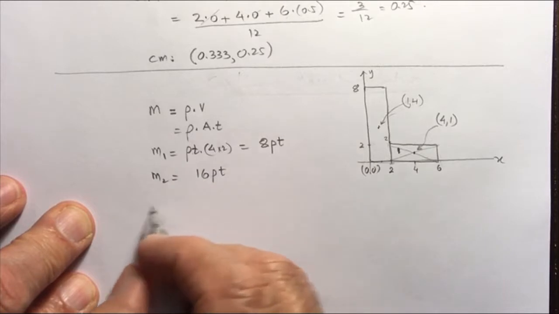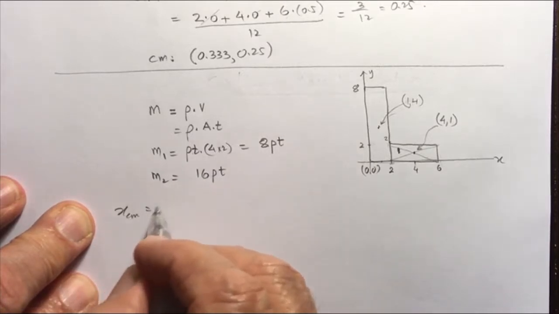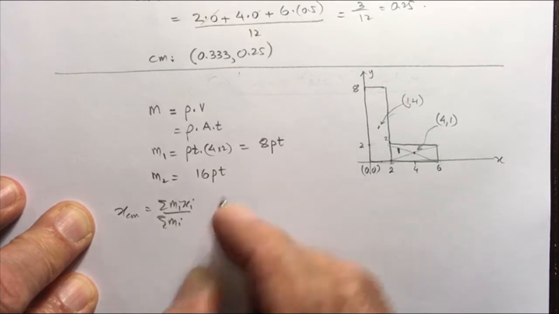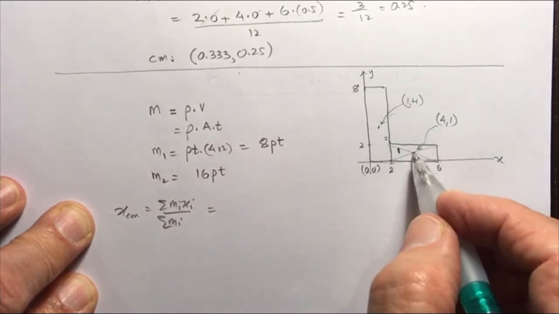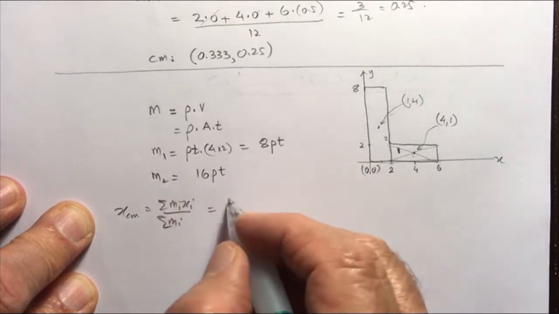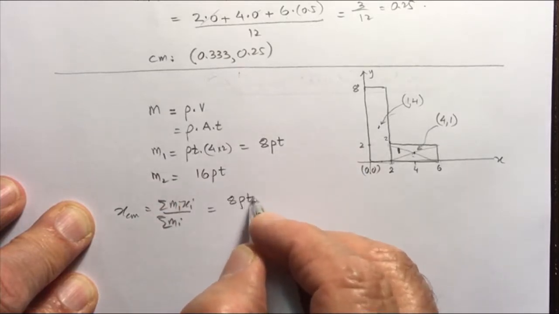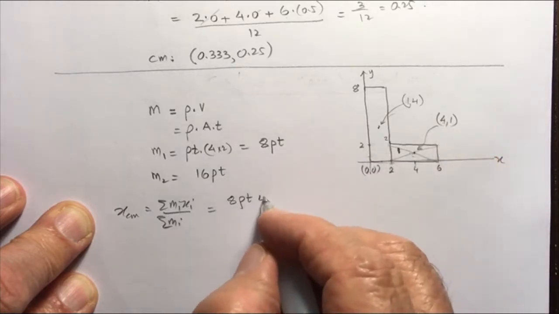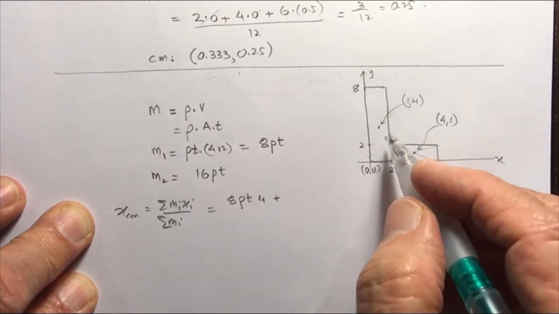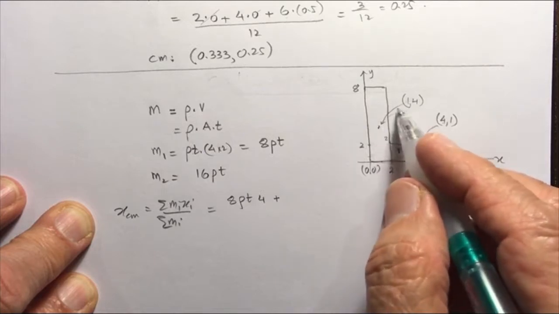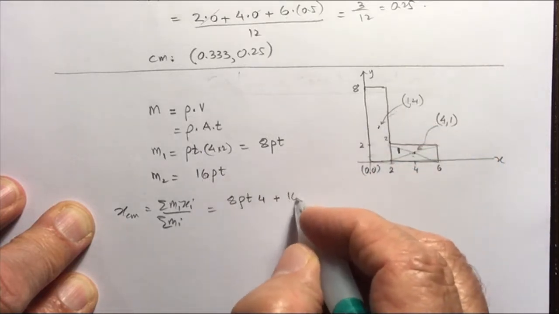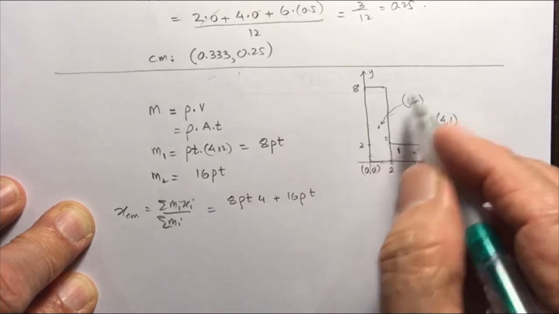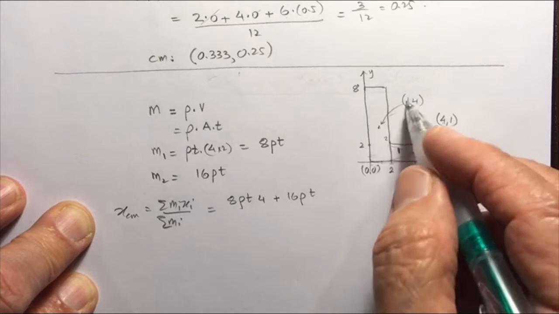Now we'll apply the formula. The x center of mass is the sum of M_i x_i over the sum of M_i. So it's M1, whose mass is 8 rho t, and x is 4, plus M2 x2, so M2 is 16 rho t, and x is 1.